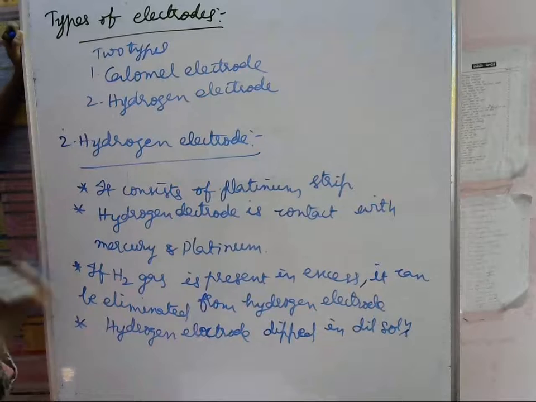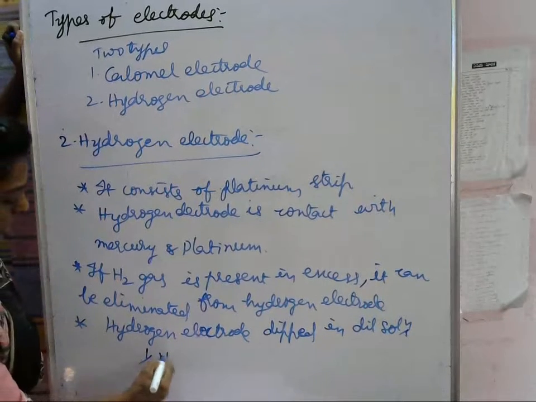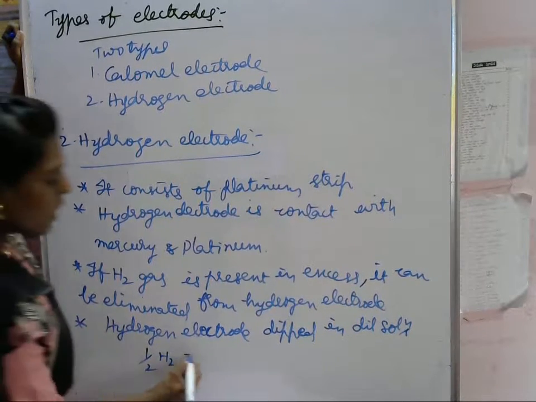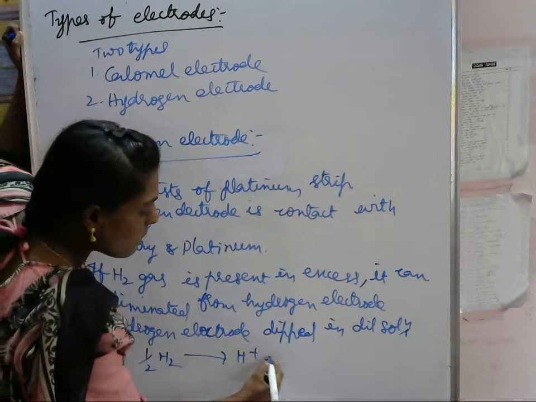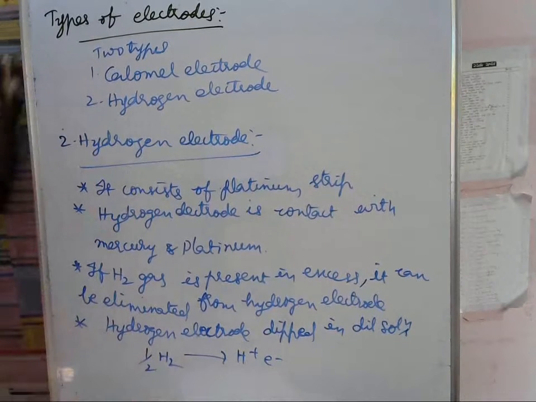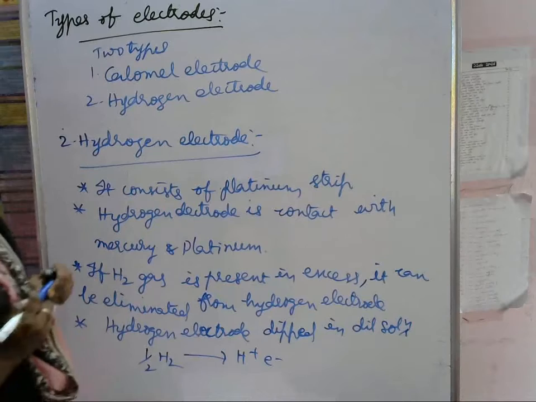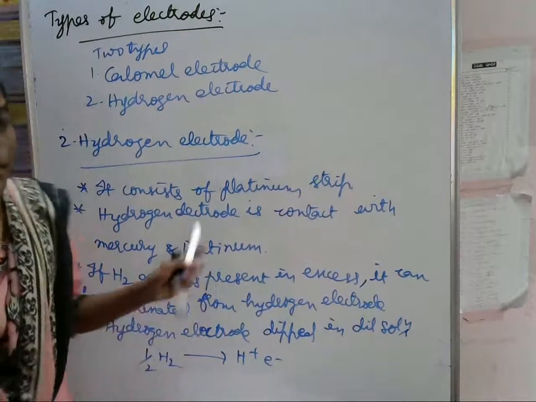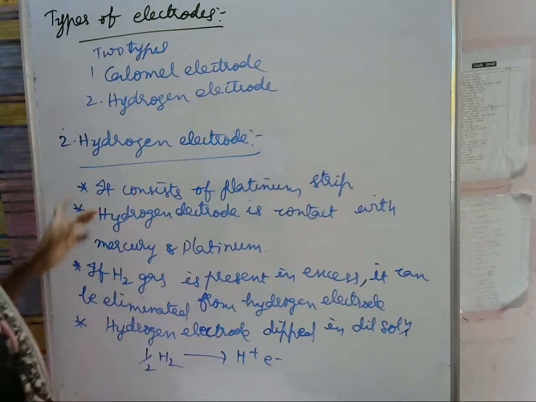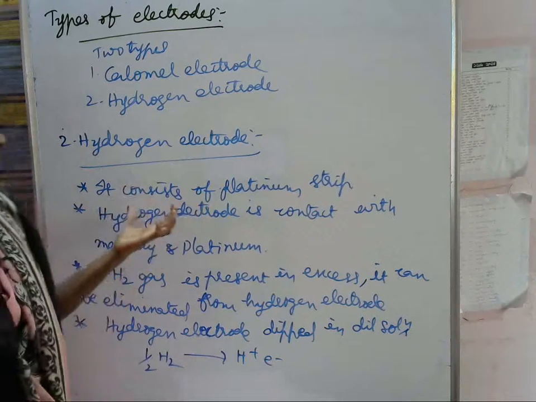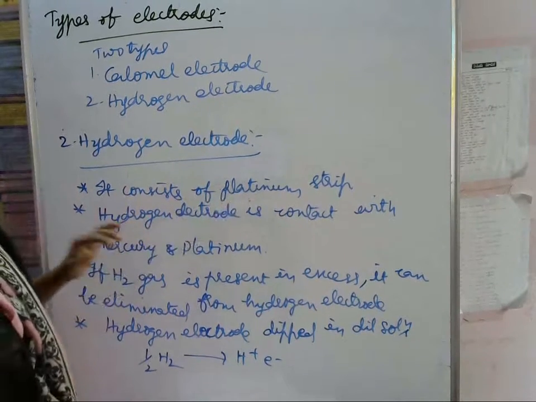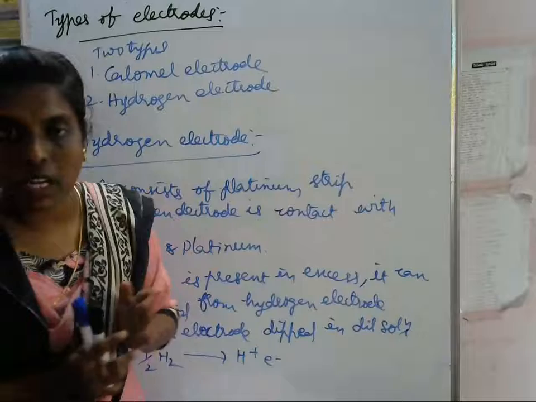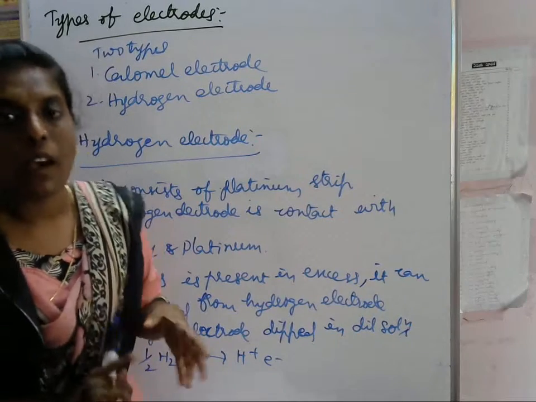Let's see that. So here what happened? Half H2 becomes H plus and an electron. So an electron is released at the hydrogen electrode. So this is about the hydrogen electrode. It mainly consists of a platinum strip, in contact with mercury and platinum.